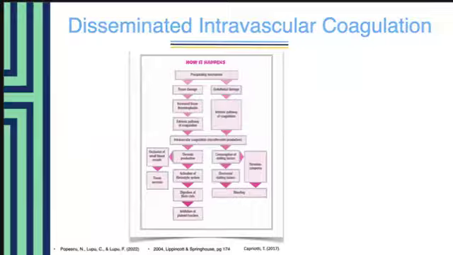Now, these endothelial cells become procoagulant, expressing tissue factor, which activates the extrinsic coagulation cascade. And this leads to that systemic thrombin generation, fibrin deposit and microvascular thrombosis. And the excessive clotting consumes platelets and clotting factors, eventually resulting in the bleeding complications as well.